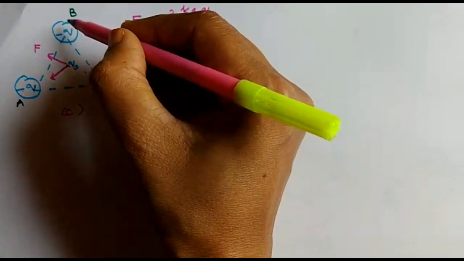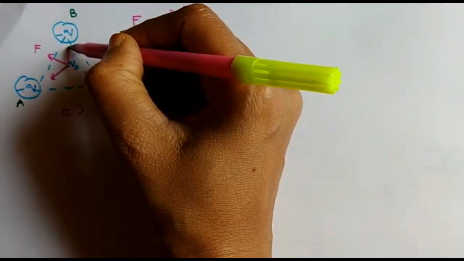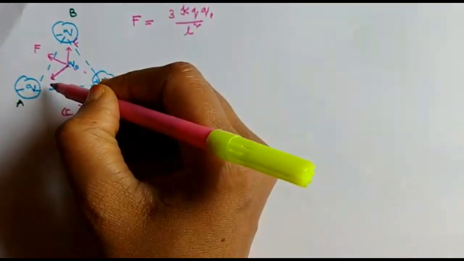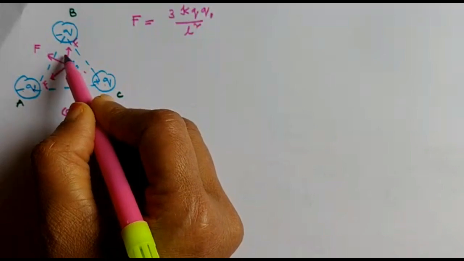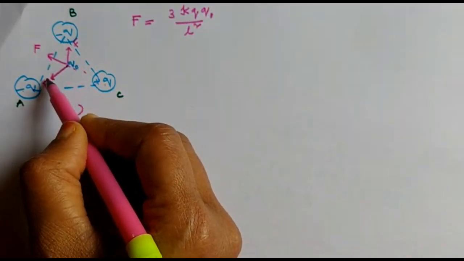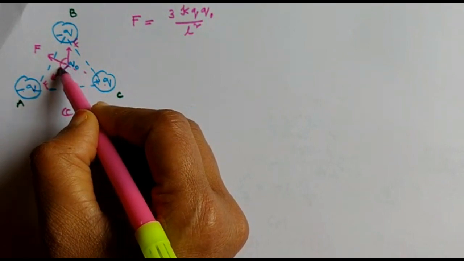Between Q0 and minus Q, that means charge at B, there is a force of attraction whose magnitude is again F. So this F which is acting upward and another F which is towards minus Q, that is A, are 120 degree apart.